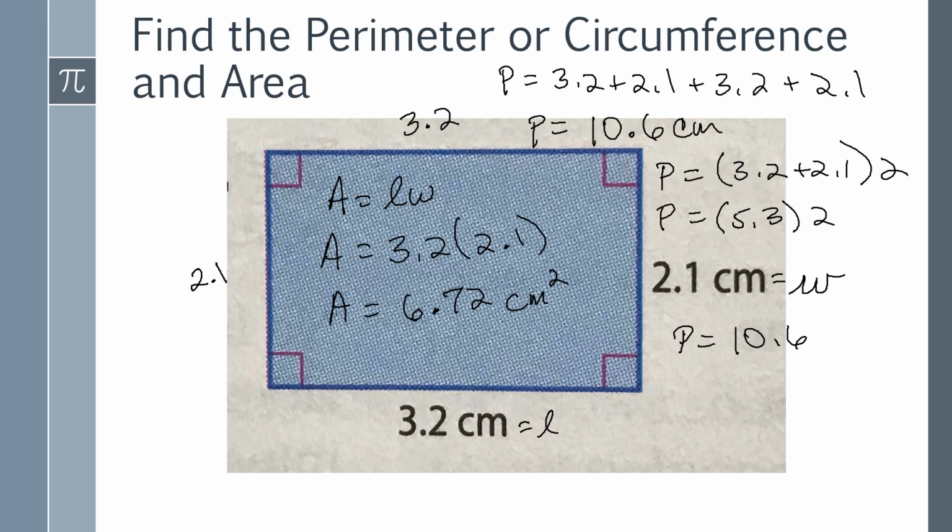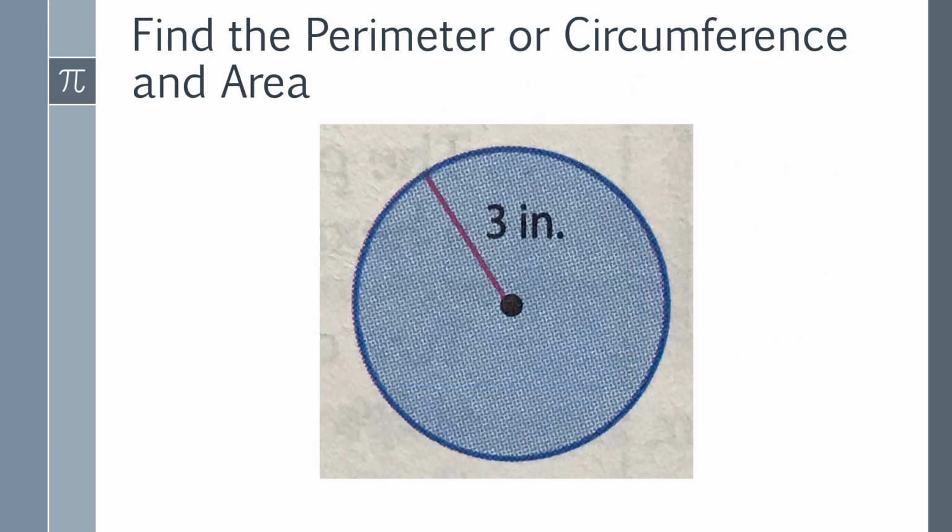Okay, now we want to find, this is going to be a circle, right? It is a circle. And so we're going to find the circumference of the circle and the area. Okay, so our formula for circumference is, in this case, the circumference is either equal to pi times the diameter.